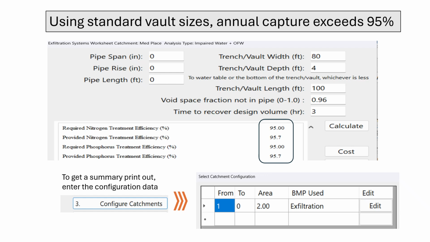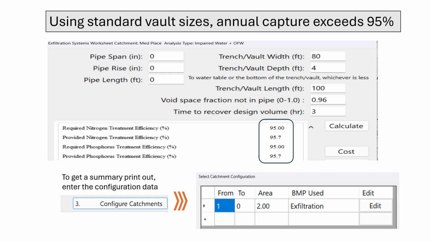This configuration allows for an annual treatment capture of 95.7%, which is excellent, as it successfully meets both our specified and net improvement standards. It's particularly effective given that the surrounding rock area can actually exfiltrate stored runoff water in less than 3 hours. In this specific scenario, the storage volume was greater than 4 inches, which, as expected, results in a very high removal rate.